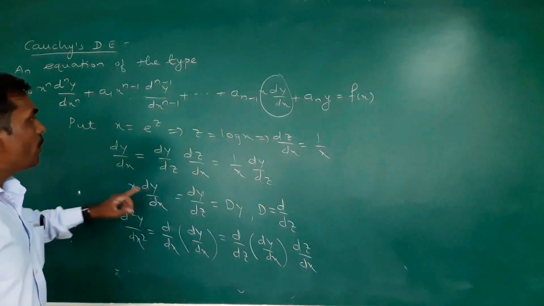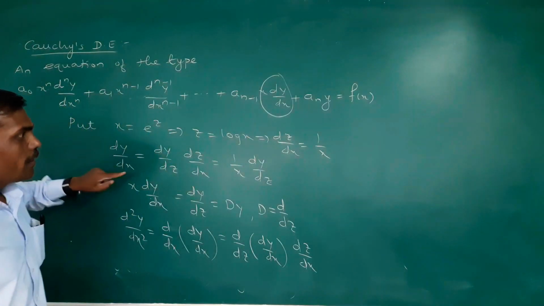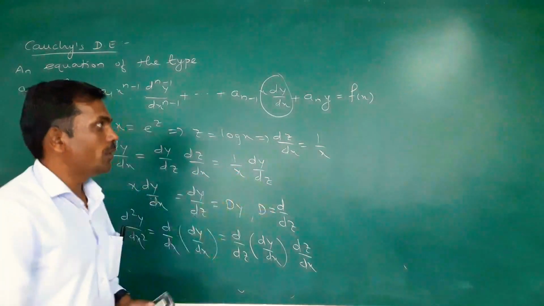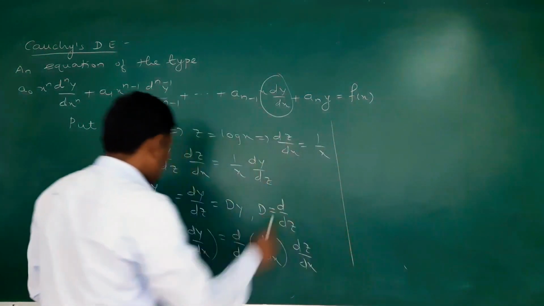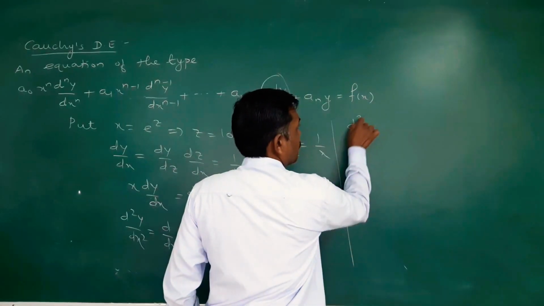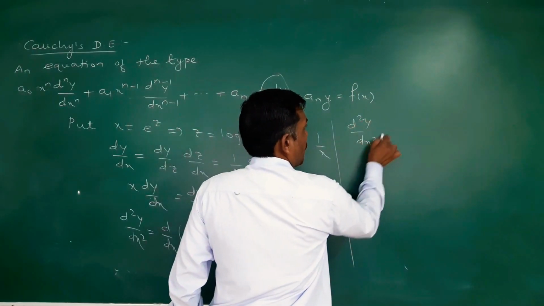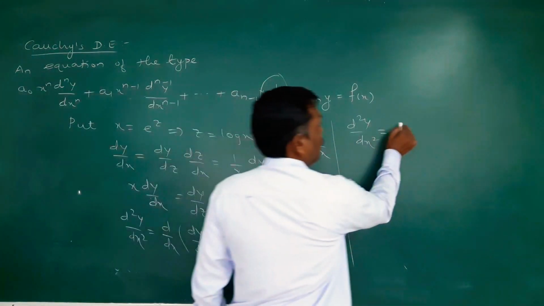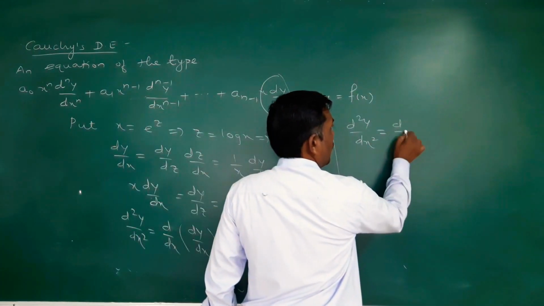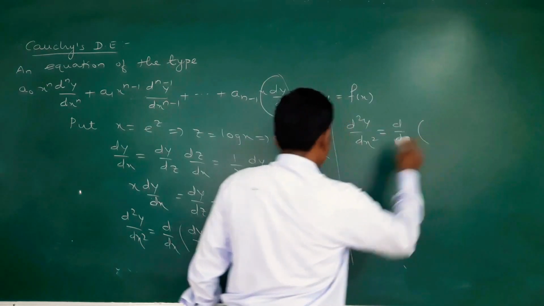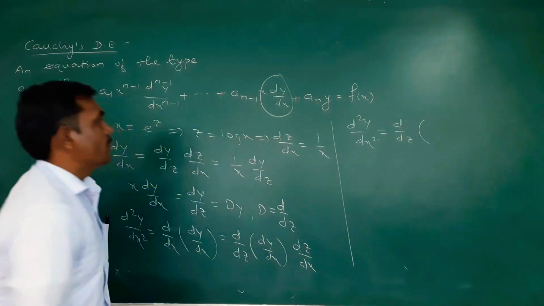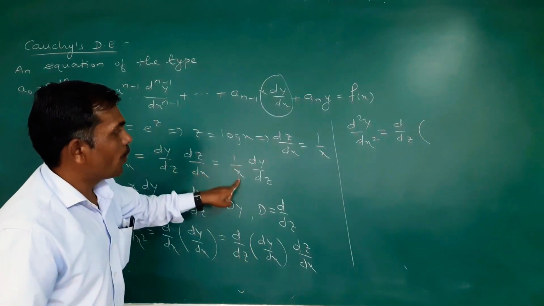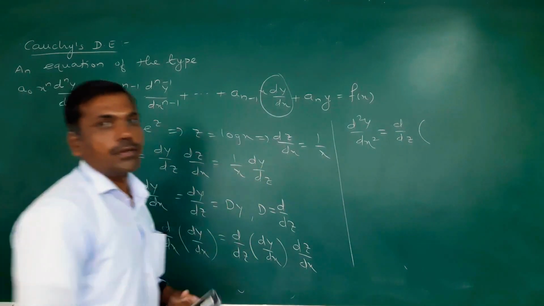What is the value of dy by dx here? The value of dy by dx is 1 upon x dy by dz. So d2y by dx square is equal to d by dz of 1 upon x dy by dz, into 1 upon x.